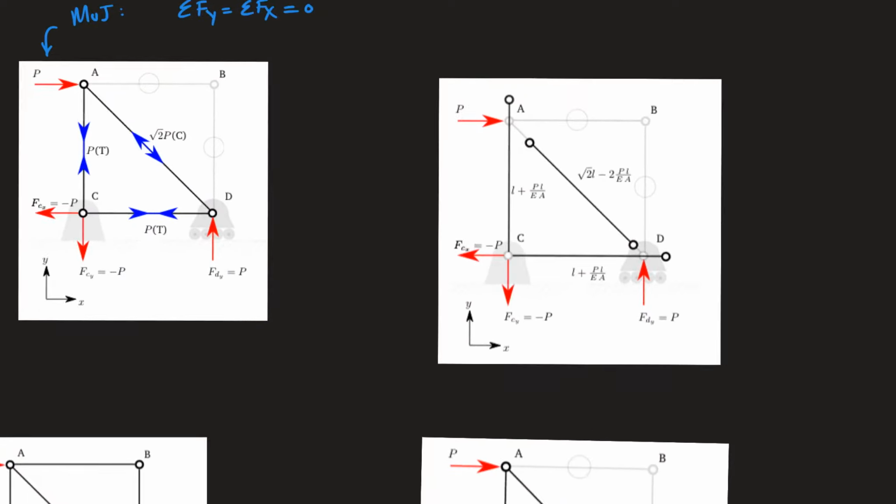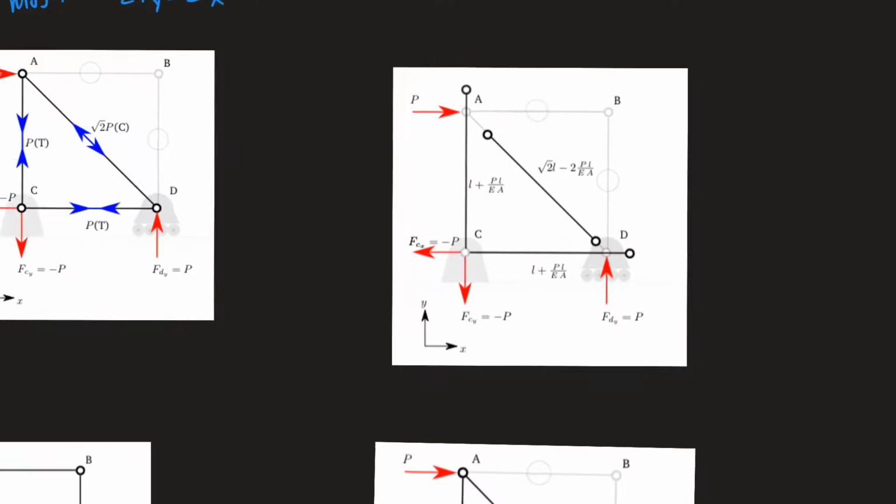We then use the compatibility relationships to determine how much things are going to move by. So this step might be a little bit of revision here.